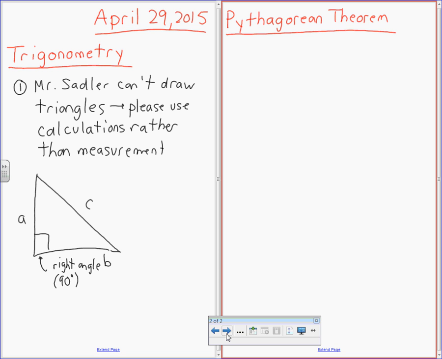Elena Waller, can you tell me, please, what the Pythagorean theorem is? Okay, great. A squared plus B squared equals C squared. And this is, of course, your hypotenuse.